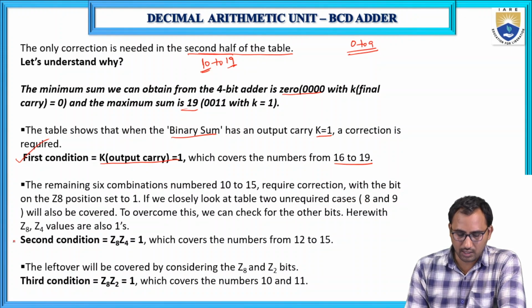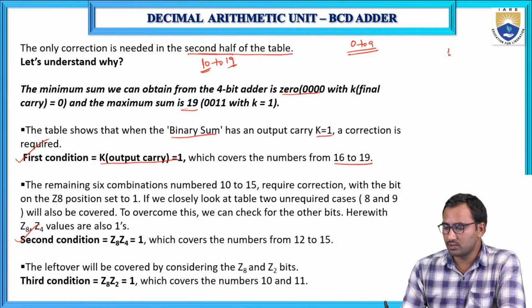Coming to the second condition, in total 10 to 19 require correction.